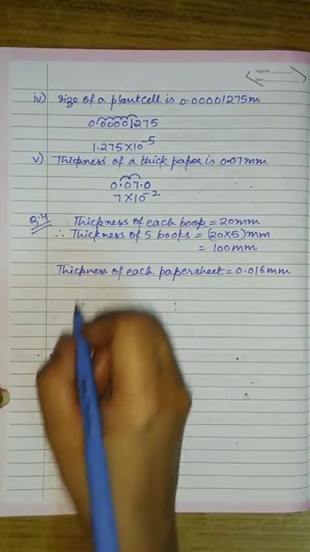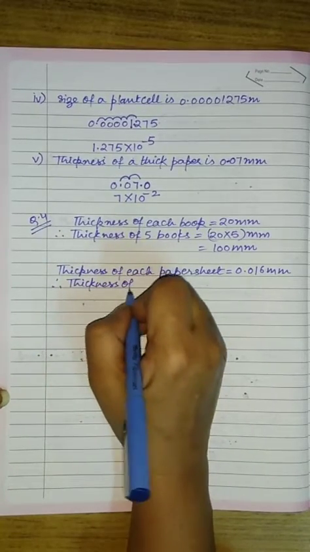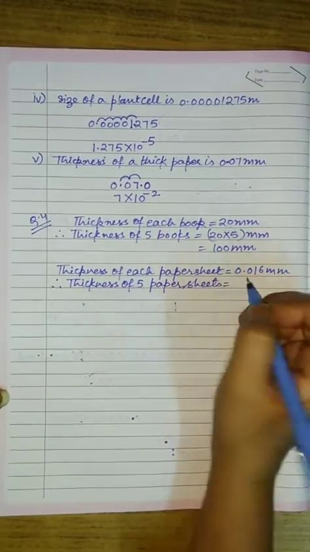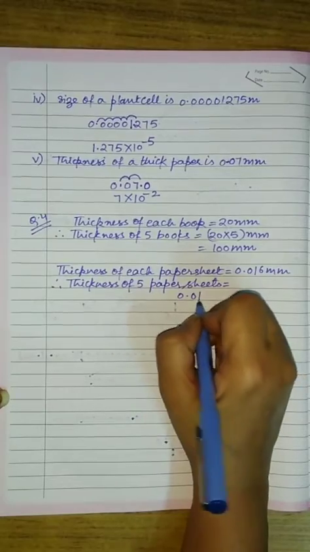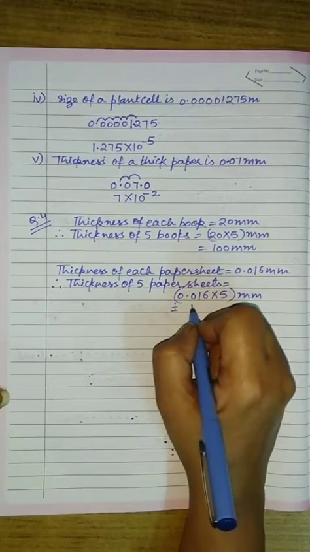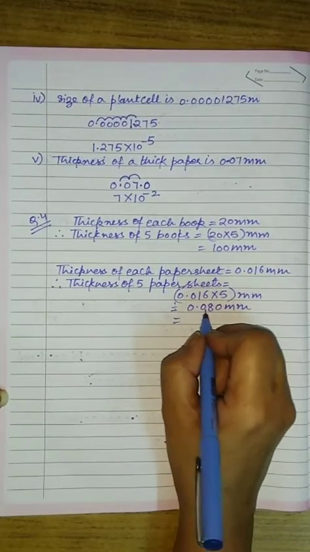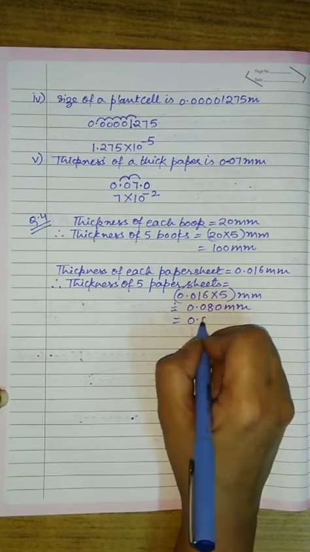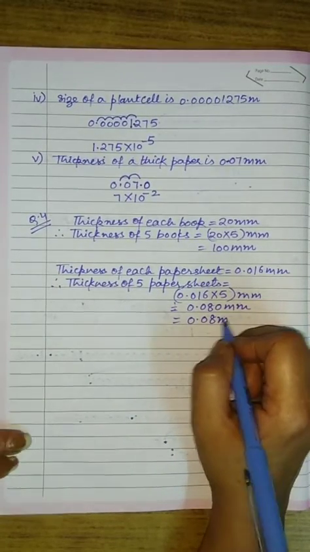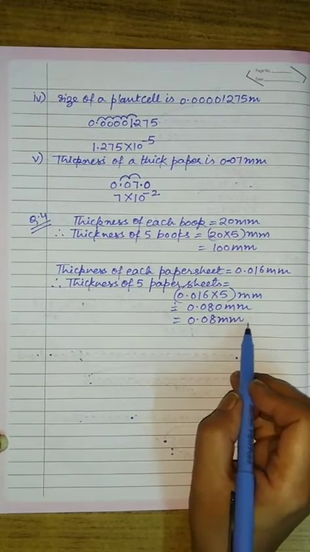Now we are given 5 paper sheets, therefore thickness of 5 paper sheets is equal to 0.016 into 5 millimeter is equal to 0.080 millimeter. Now 0.080 millimeter can be written as 0.08, because after 8 we don't have any other digit, only 0 is there, so it can be written as 0.08 millimeter.